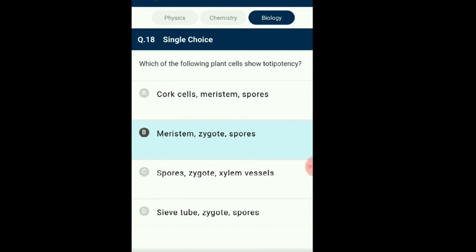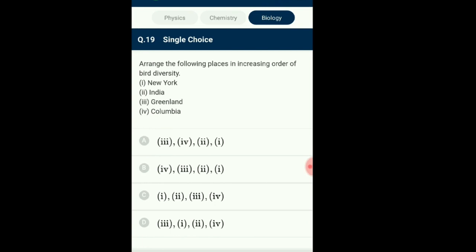So totipotency. Question number 19. Arrange the following places in increasing order of bird diversity. In general, species diversity increases as we move away from the poles toward the equator. Colombia, located near the equator, has nearly 1,400 species of birds, while India, with much of its land in the tropics, has 1,200 species of birds.